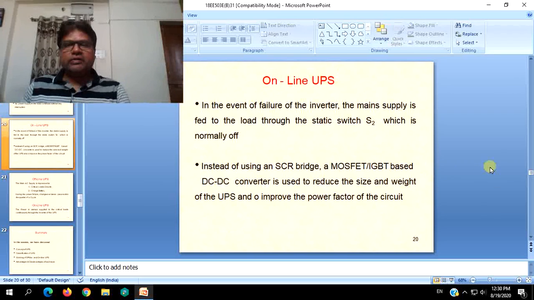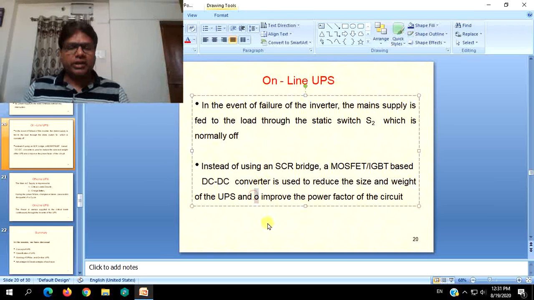In the event of failure of the inverter, the main supply is fed to the load through the static switch S2, which is normally off. Instead of using an SCR bridge, you can always use MOSFET or IGBT based converters to reduce the size and weight of the UPS and to improve the power factor of the circuit.